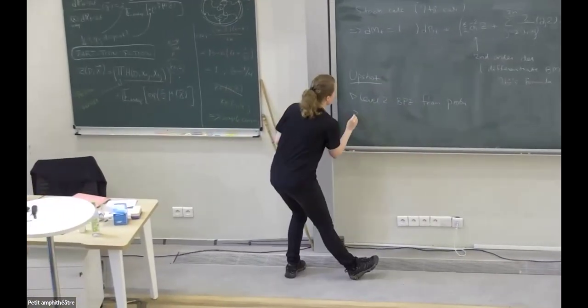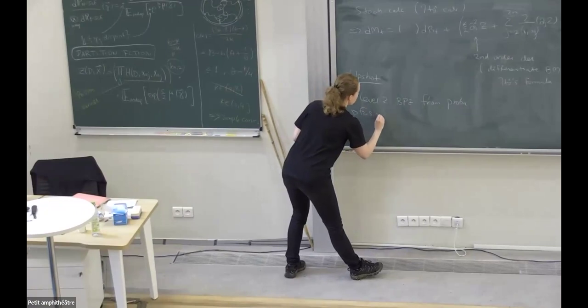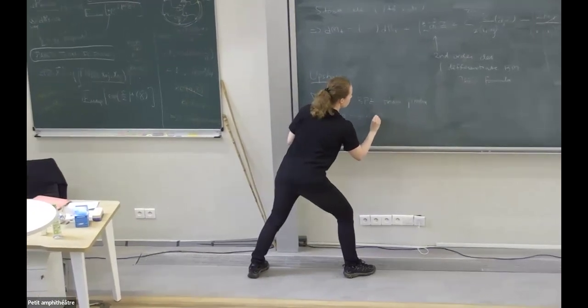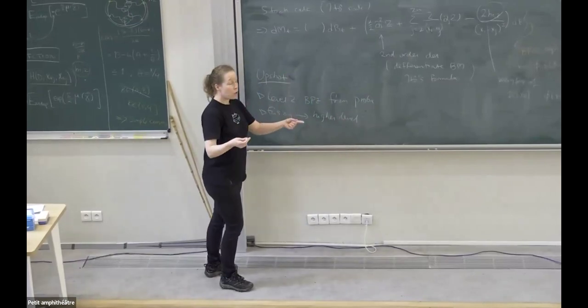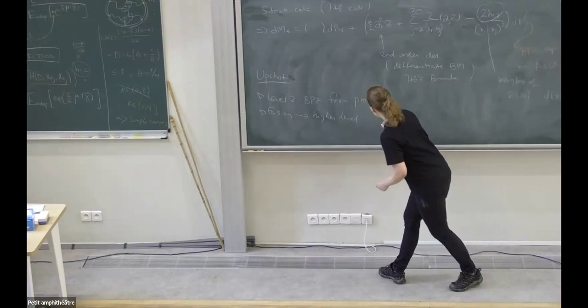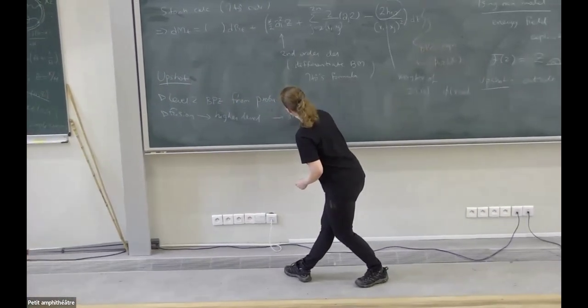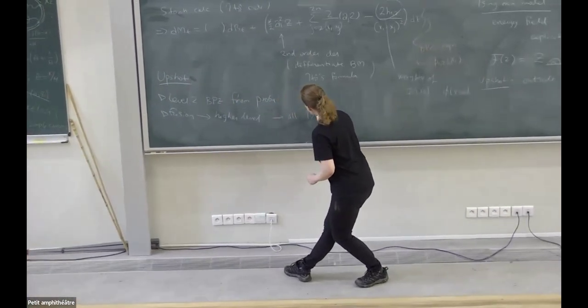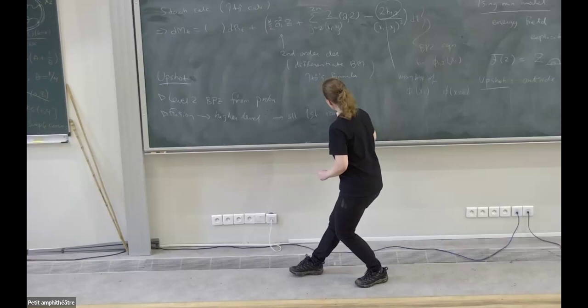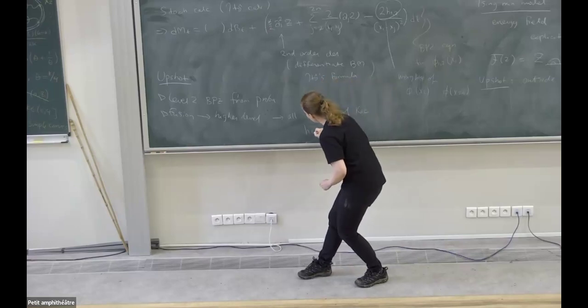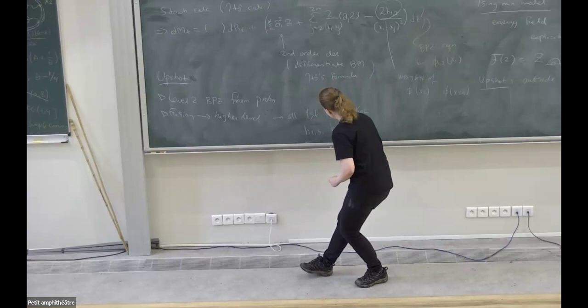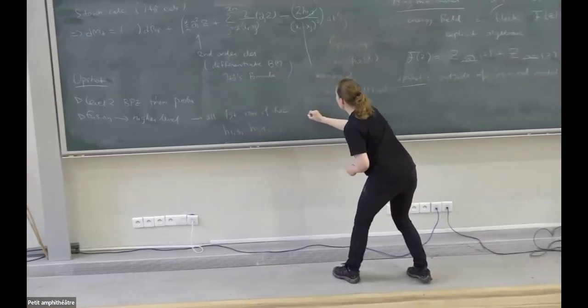But then you can do fusion to get higher levels. So you actually get the whole Kac table, but in the first row here. So you get h_{1,3}, h_{1,4}, etc. And what does it look like?